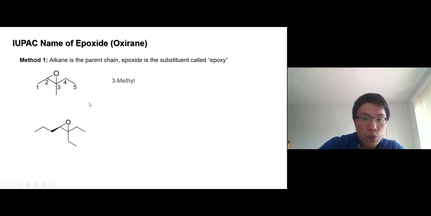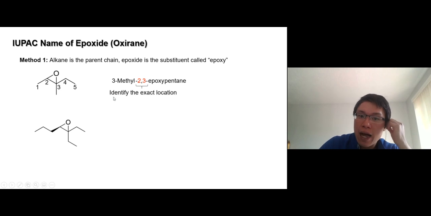Start with 3 right here. So we got 3-methyl, 2,3-epoxy, and the parent chain is pentane. Notice that both locations of the epoxy group are included. That's the rule.